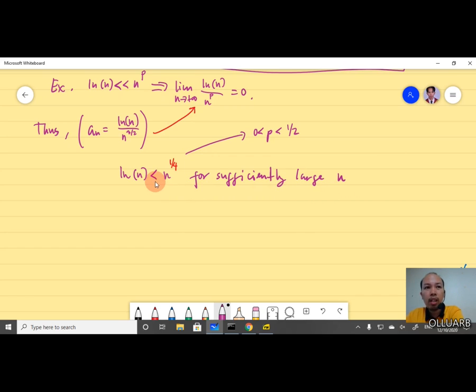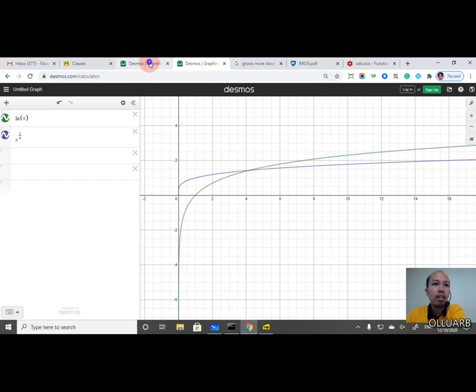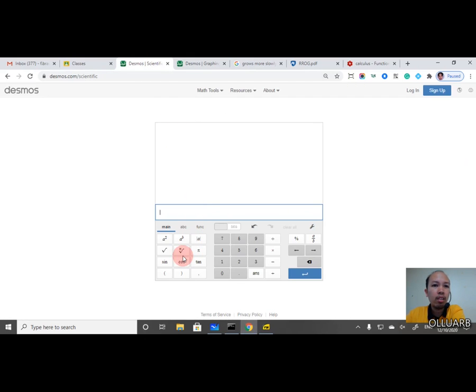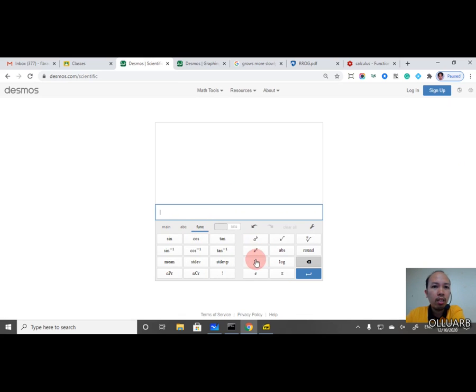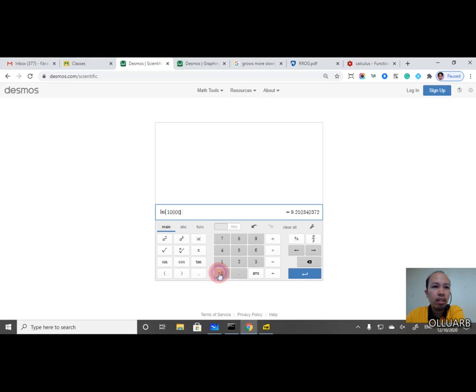If you choose n to be, for example, 100,000, let's try ln of 100,000.